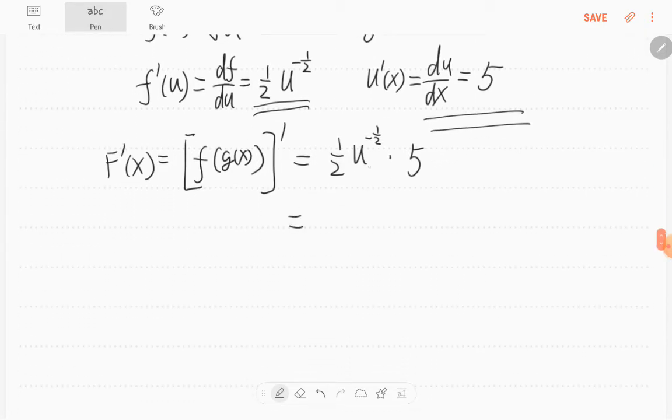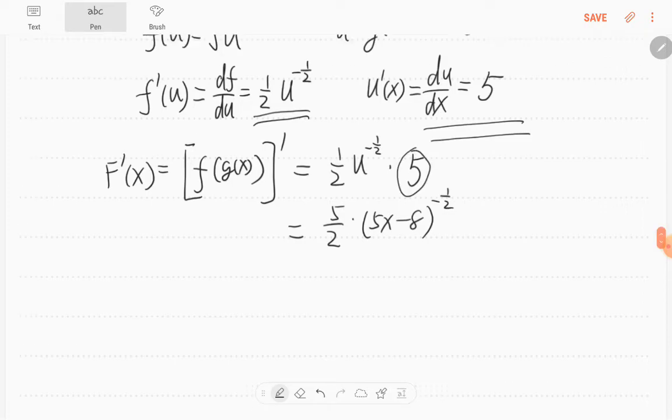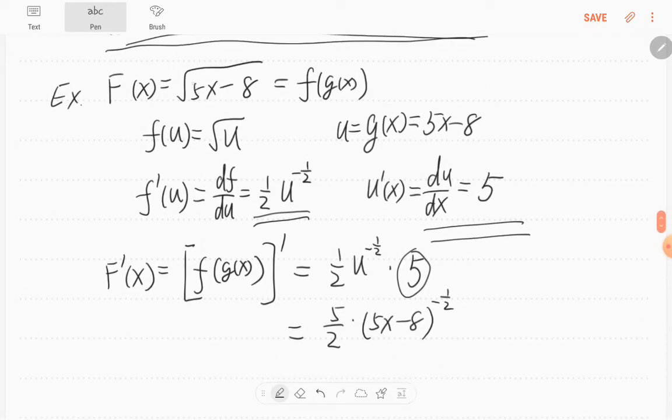If you plug in u equals g, this is 5 over 2 times 5x minus 8 to the negative one half. Then you will get the correct answer. You can see this 5 is the derivative of the expression under the square root. This 5 comes from here.